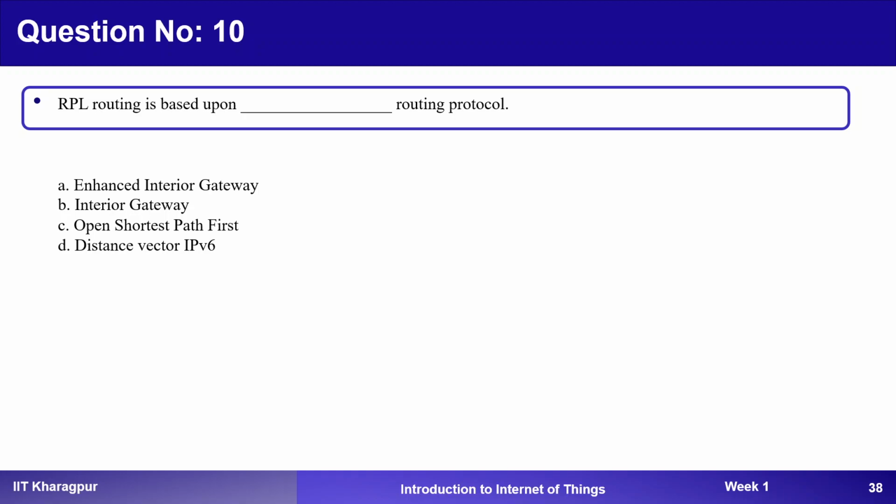In distance vector, you require the complete information. In case of link state, you don't require the complete information of your network. Only neighbors are required.